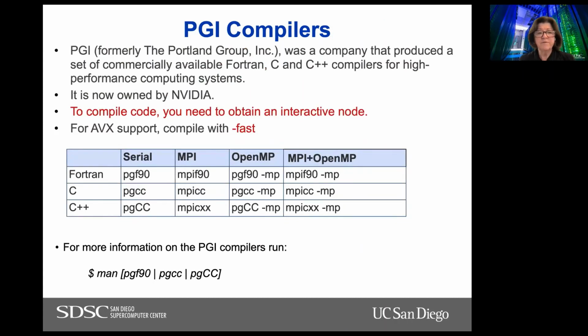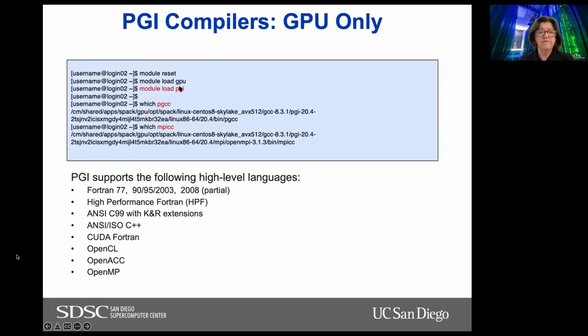PGI compilers, those are very popular as well. And you might end up picking a compiler because that's the one you've inherited from your project, and that's fine. These all work very well on the system. So here's the examples here, and there's an example of loading the PGI compiler. And where's my compiler? This shows you some details on that.